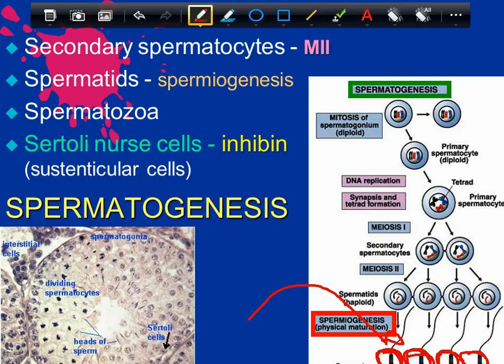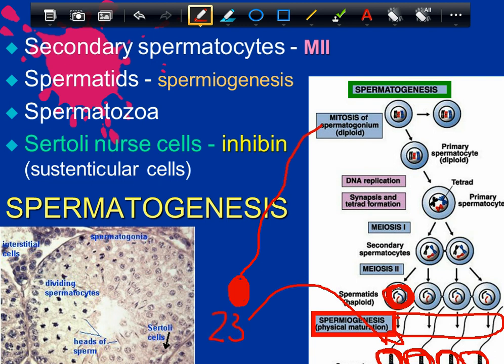So anyway, what happens is there's a maturation process right there. The cytoplasm, which is in light blue, shrinks so that the sperm have almost no cytoplasm. They are basically a head, which is just a nucleus with 23 chromosomes.